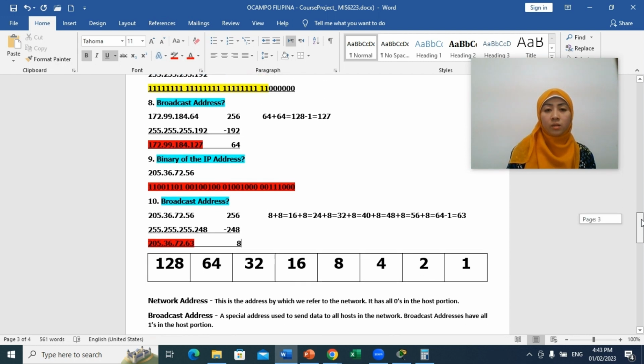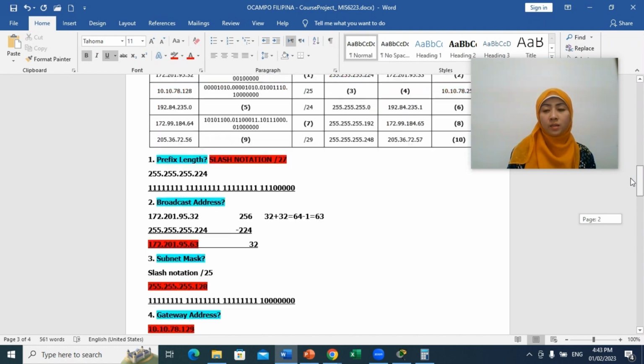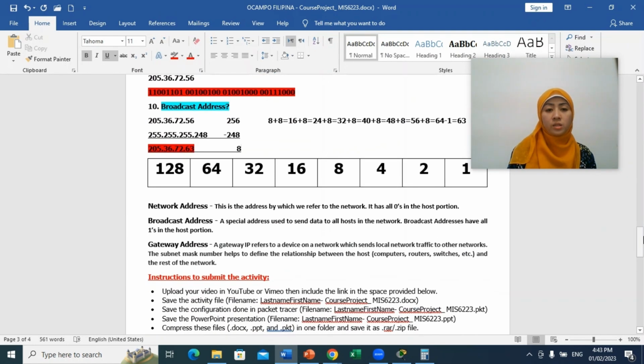Okay, moving on. So we need to identify the three types of addresses. So first, we have the network address. Network address is the address by which we will refer to the network. It has all zeros in the host portion, while broadcast address is a special address used to send data to all hosts in the network.